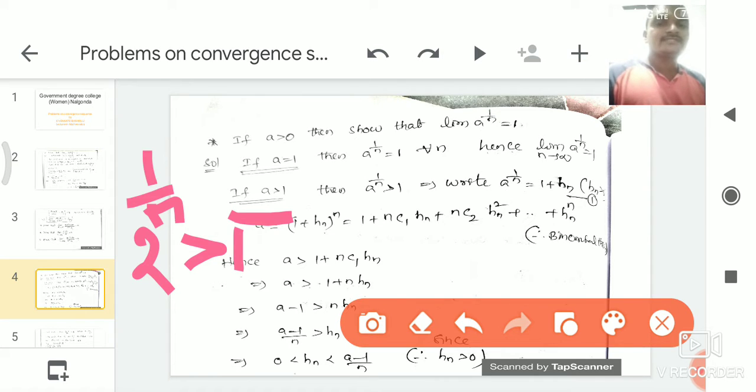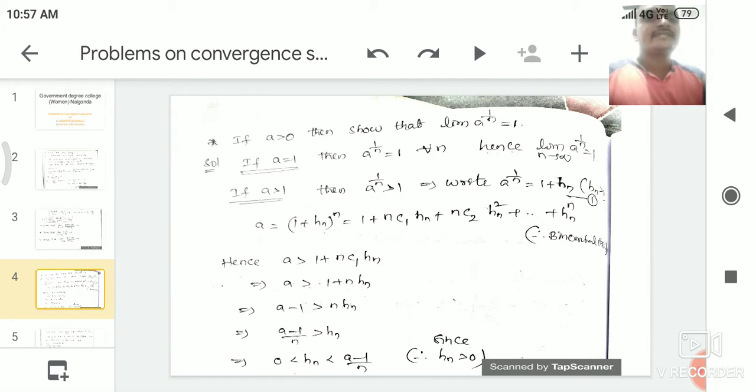If you substitute n is equal to 1, then 2 power 1 by 1 is 2, which is always greater than 1. If you take n is equal to 2, root 2 is 1.414, which is also greater than 1. Cube root of 2 is also greater than 1. So if a is greater than 1, then a power 1 by n is always greater than 1.